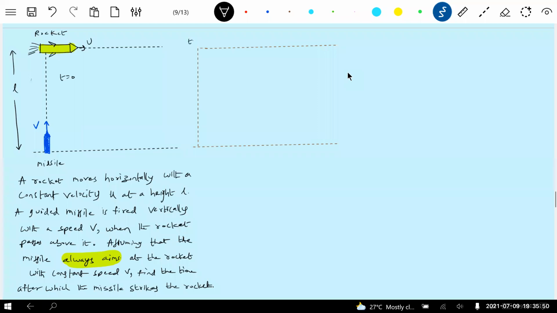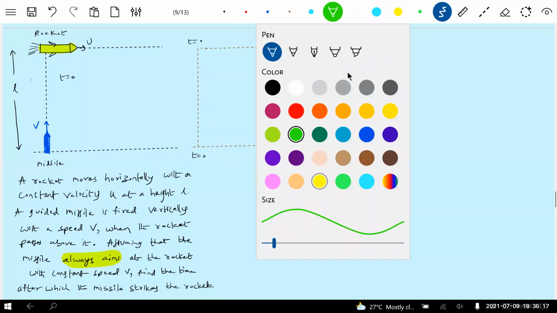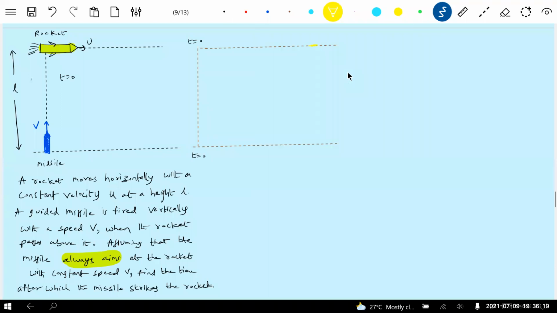After some time, we see that the rocket will be here. And it's a guided one. The yellow color is not there. It will be here. This will be the position of the rocket.